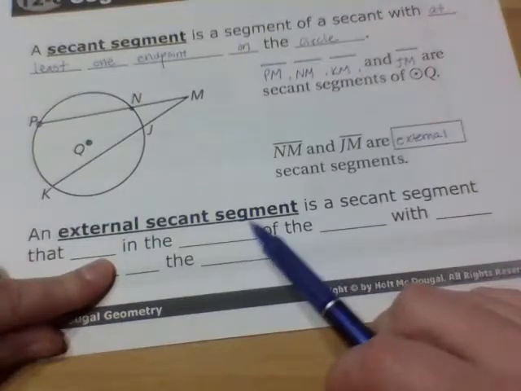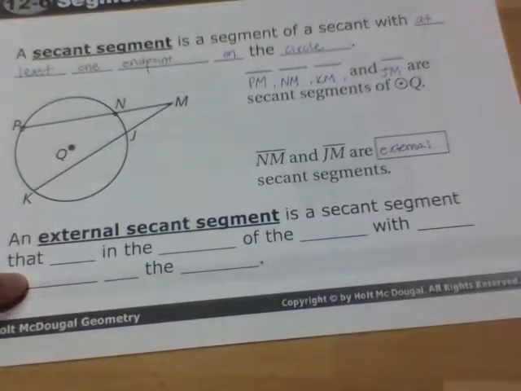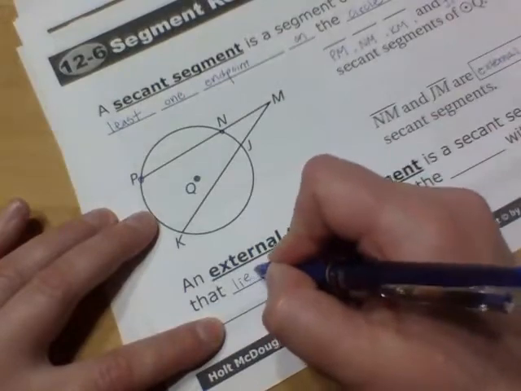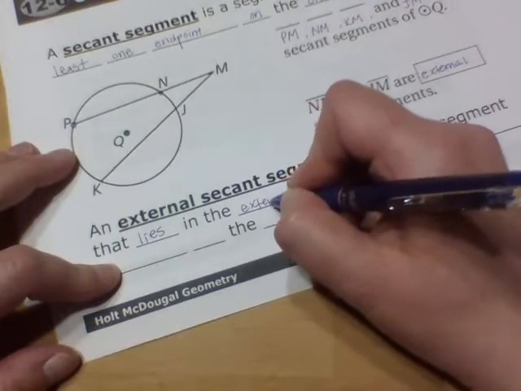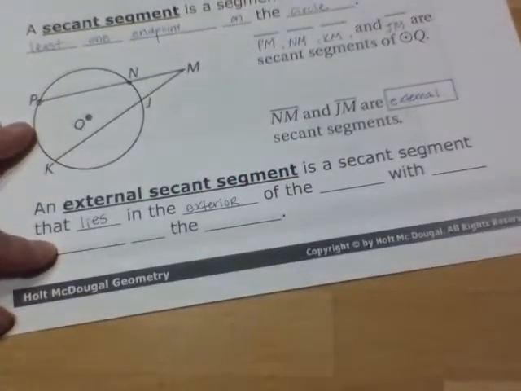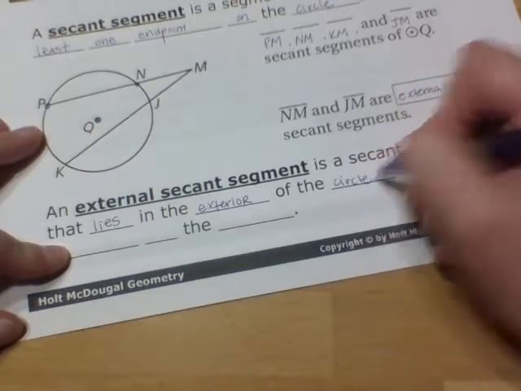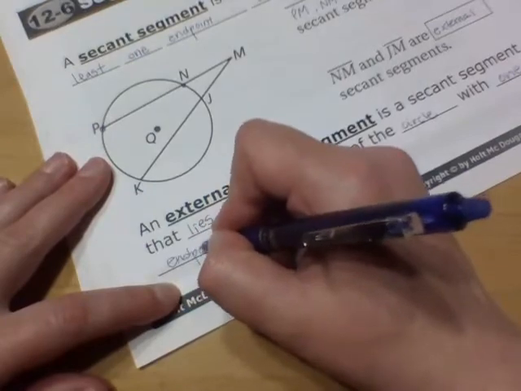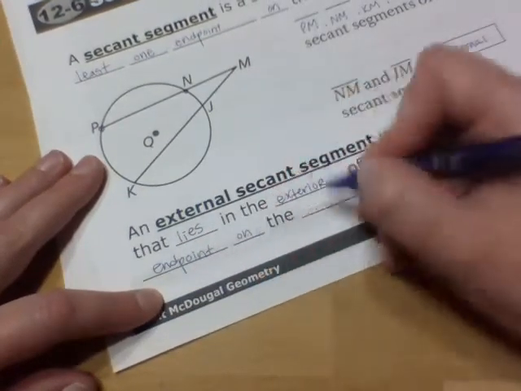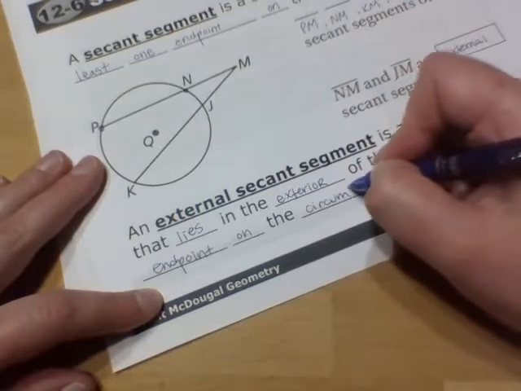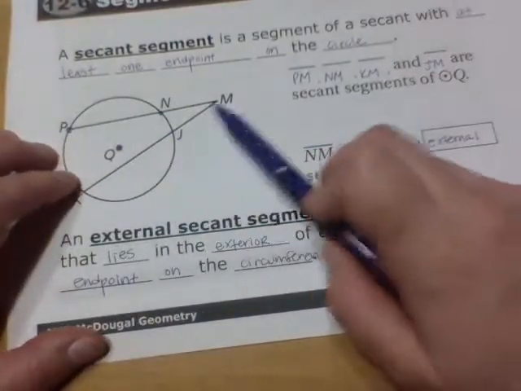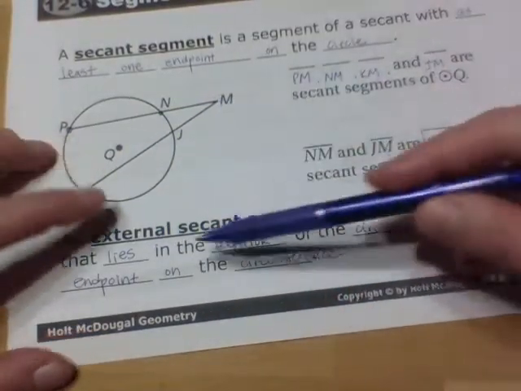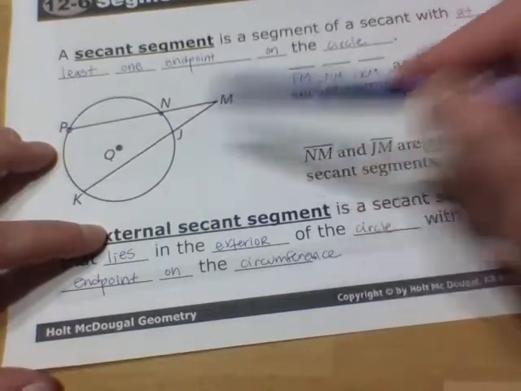An external secant segment is a secant segment that lies in the exterior of the circle with one endpoint on the circle, which I guess we'll call the circumference because that's actually what it is. But there we go. So secant segments are all of these pieces, but then there are external ones, which are just these two up here.